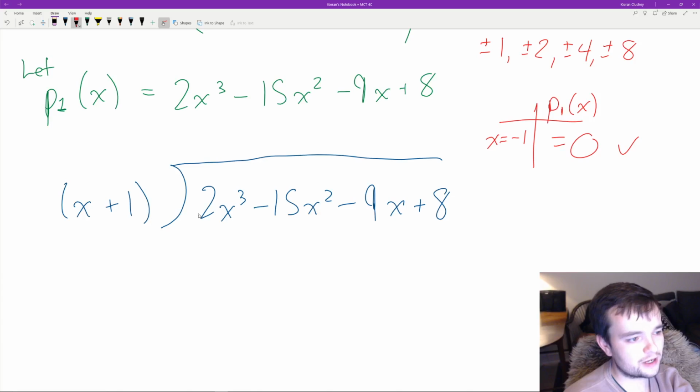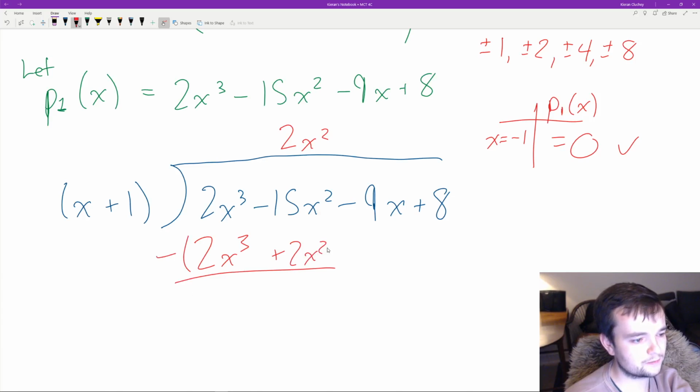So if I long divide these two polynomials now, I have x plus 1, so I need to multiply by, by the looks of it, 2x to the power of 2. If I do that, I will get 2x to the power of 3 plus 2x to the power of 2. Subtracting these, I will get 0 here, and I'm subtracting 2x squared, so I will get negative 17x squared.